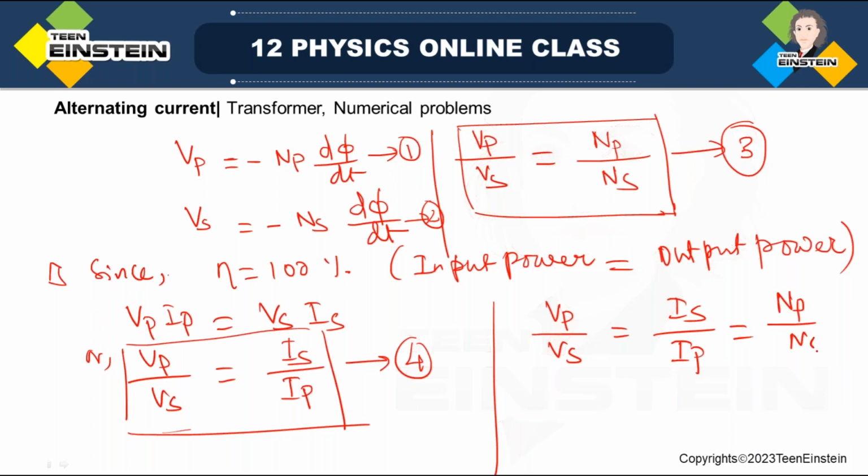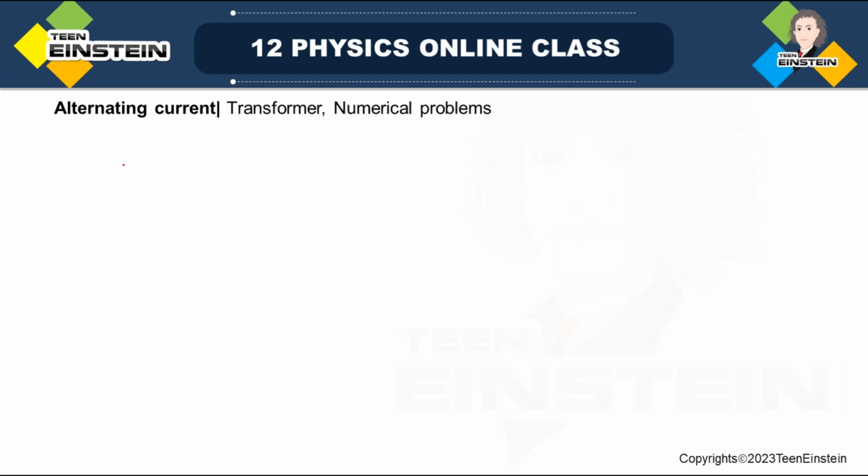So this is my relationship among the voltage, number of turns and current in the respective coils. Let us see what is inferred by this equation.